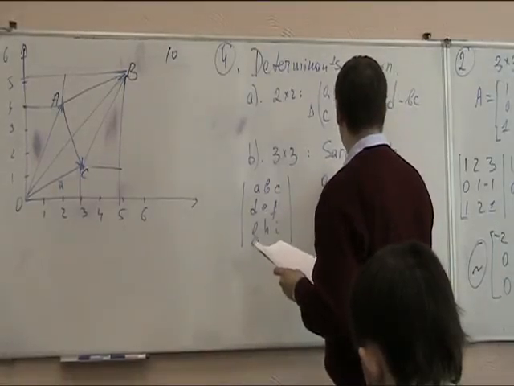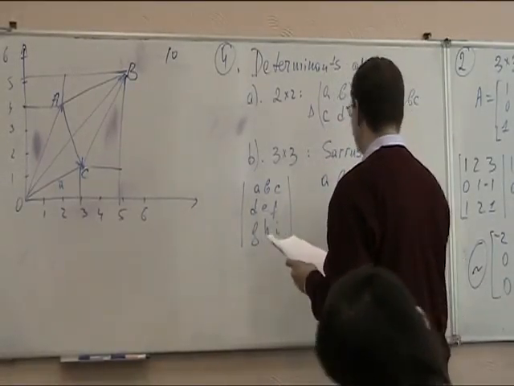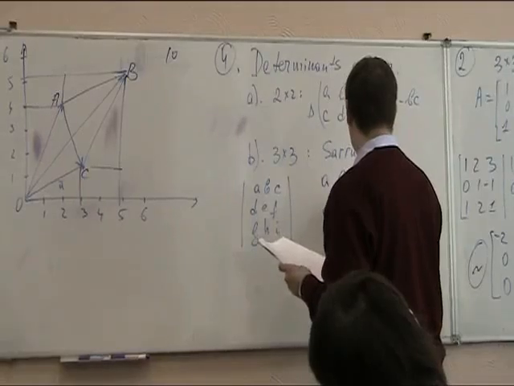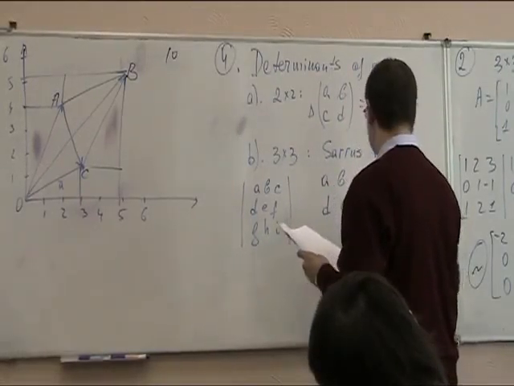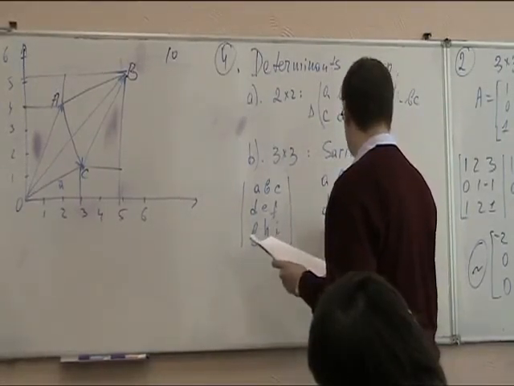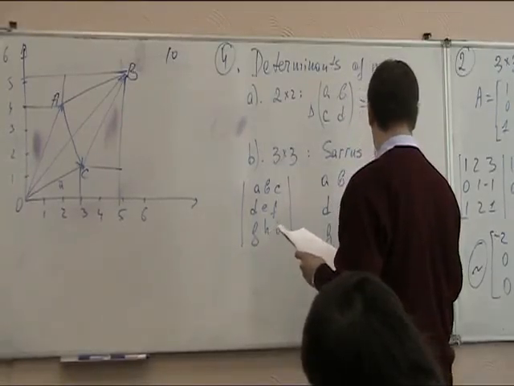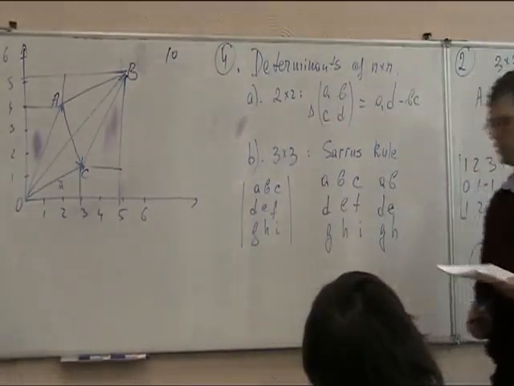So this is A, B, C, A, B, D, E, F, D, E, G, H, I, G, H.